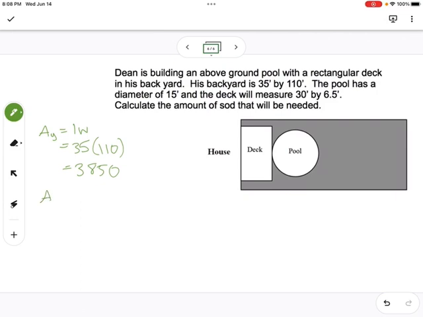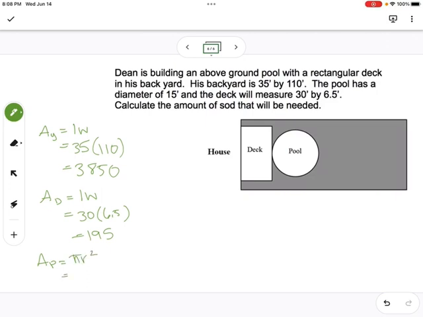Finding the area of the deck, it's also a rectangle, so length times width. Our dimensions here are 30 times 6.5, and that gives us 195. And our last one is the area of the pool. This is a circle, so we're using the equation pi r squared.